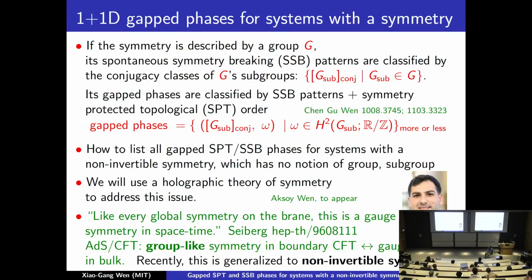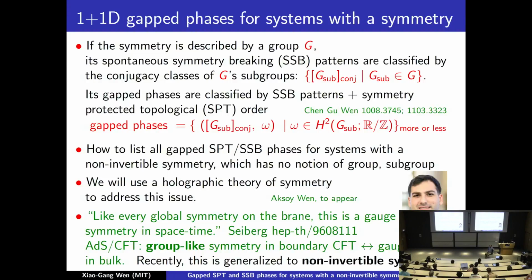this problem. And I just learned here that this holographic theory has a very long history. Nati, in his paper in 1996, already mentioned, when he discussed some symmetry on the brane, that every global symmetry on the brane is a gauge symmetry in space-time.